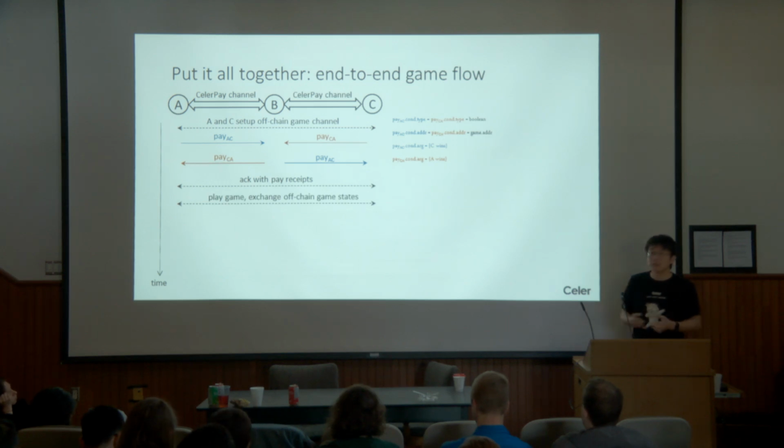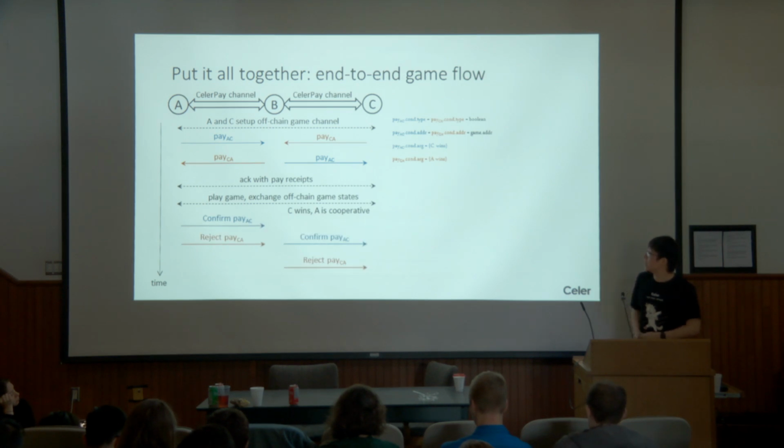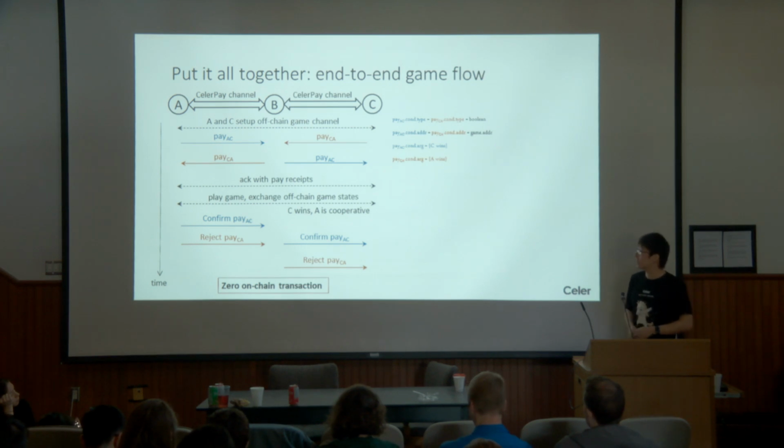And then they can safely, through off-chain communication, co-sign their updated off-chain game states to do all the off-chain game playing. And finally, if C wins and if A is cooperative, A will just first confirm the payments to C and reject the payments from C. And through the whole process, there are 0 on-chain transactions.